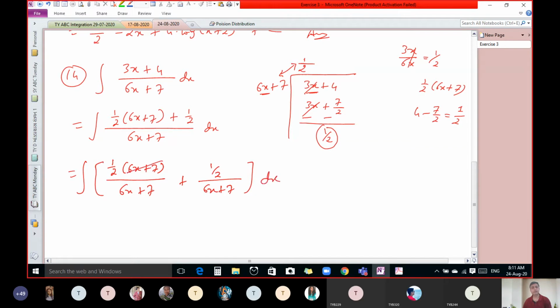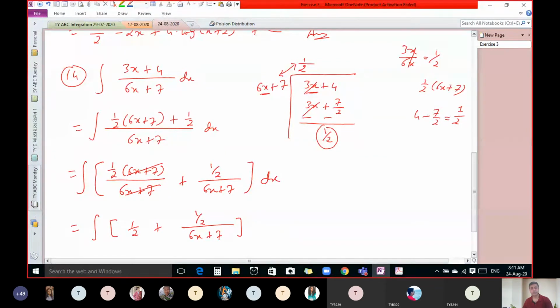Now this (6x plus 7) cancels. So what we get? Integration of 1 by 2 plus, because only 1 by 2 is left, plus 1 by 2 divided by (6x plus 7) dx.